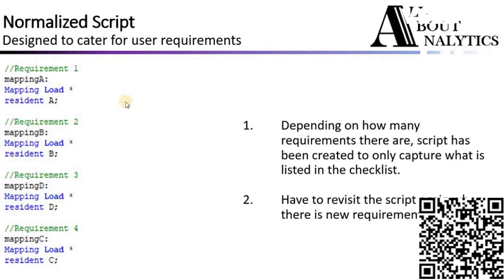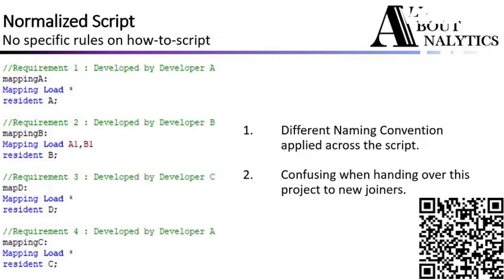For example, requirement 5, requirement 6, requirement 7 coming in probably next year, or the next 2 years. If this kind of scenario happens, we have to revisit the script again and again to cater for the new requirements. Now let's move on to the next item in the list.